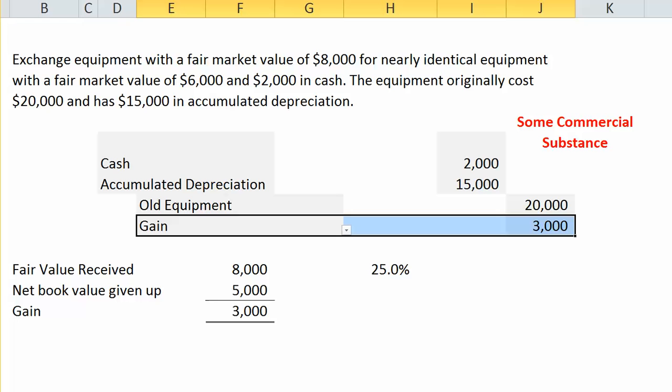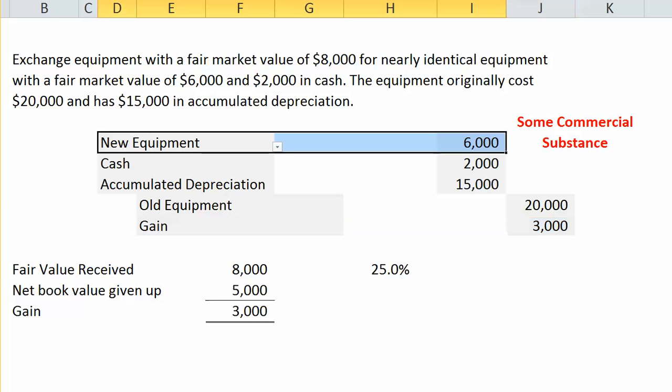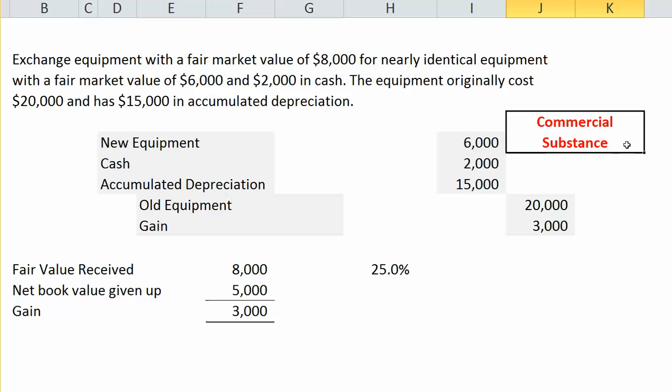So we record the $3,000 gain, and then for debits to equal credits, we record our new equipment at its fair value of $6,000, and we do not defer any gain to future periods. And that is because we've deemed the transaction to have commercial substance, because cash was 25% or more of the total fair value that we received.